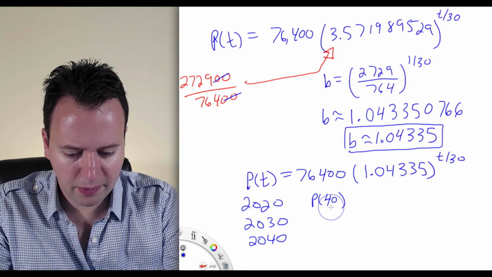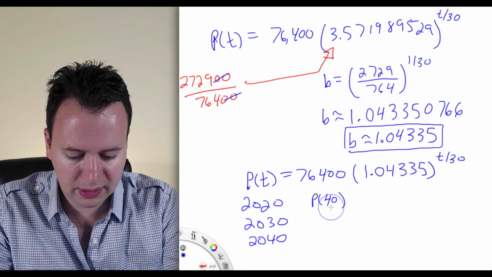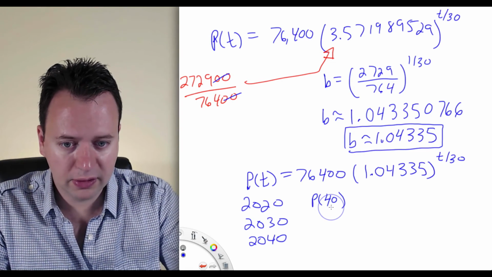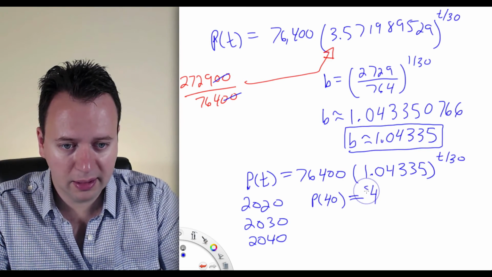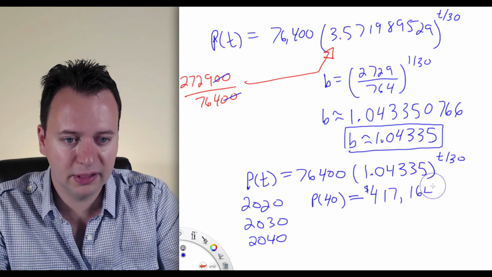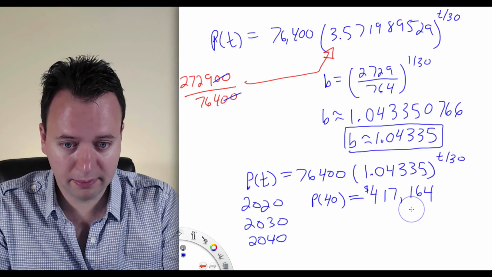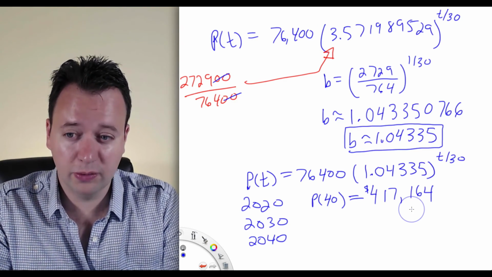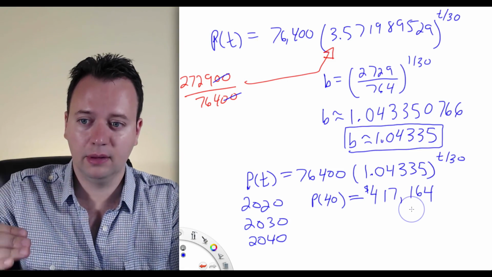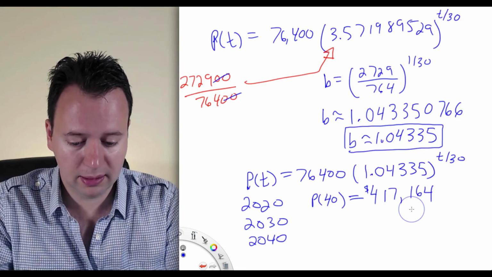So that number to the power of 40, and then times 76,400 gives us the home price in 2020 of approximately $417,164. So that might be what we should expect for 2020. At least assuming constant or steady exponential growth from 1980 to 2010 continues in that trend.